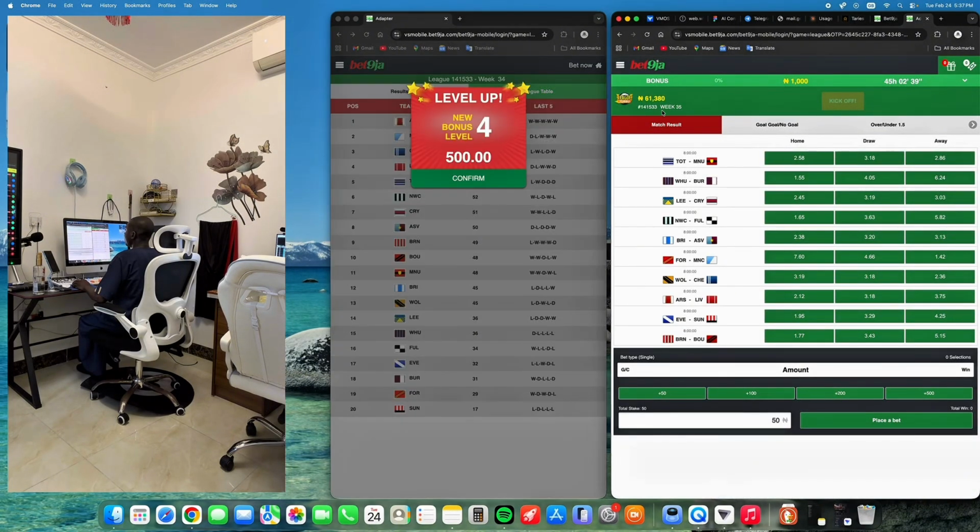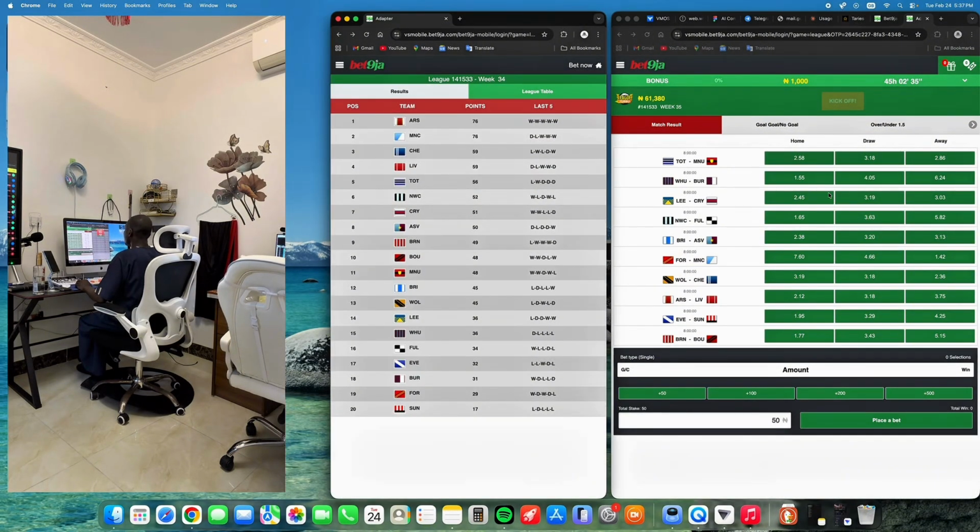Okay, you can see we've recovered back our money. So this is how it works. It's pretty interesting if you want to make a high amount of money in a short time.